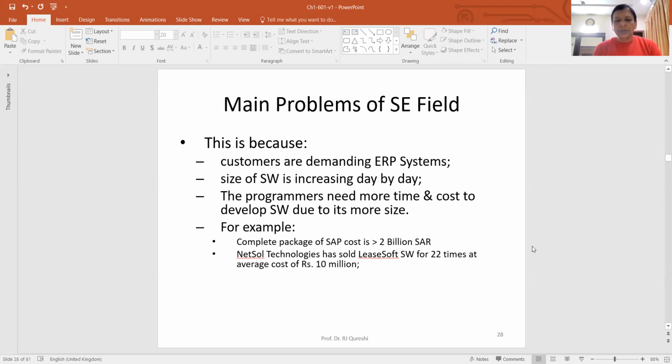So when customer is demanding ERP, as it's a collection of integrated systems like SAP, Oracle, Microsoft Dynamics, which are the commercial ERP systems, and the average cost of SAP, the full package is greater than 2 billion riyal, and one module cost is approximately 9 million riyal.